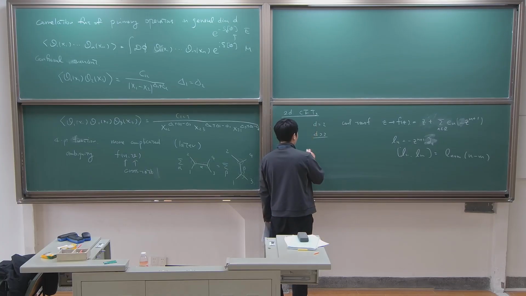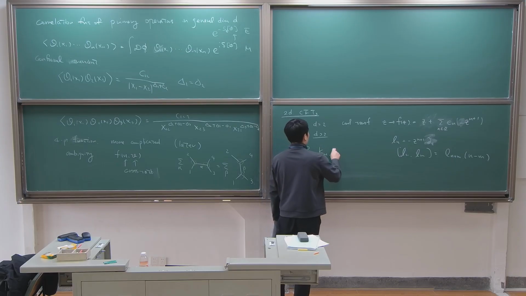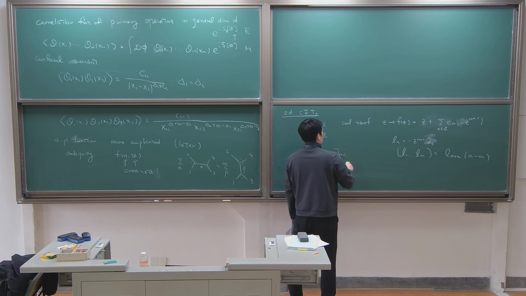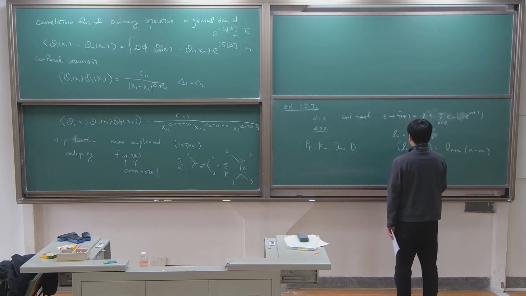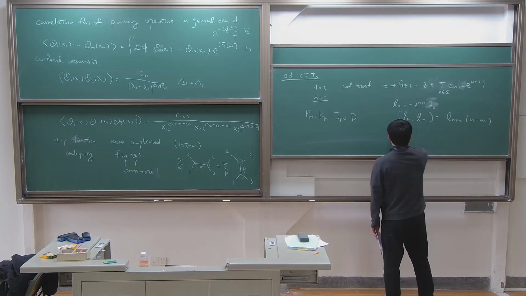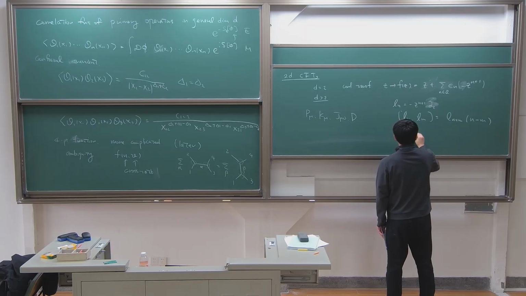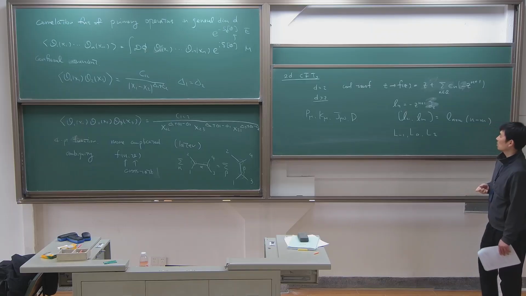Just to recap: P, K, J, U, and what was it? D, and like that. And here the corresponding algebra is L1, L0, L1. Okay, so that's what we saw.